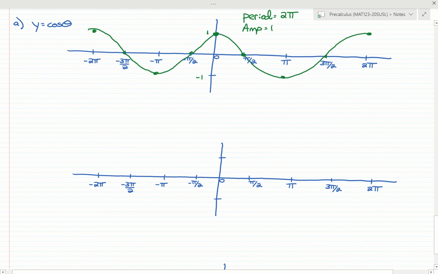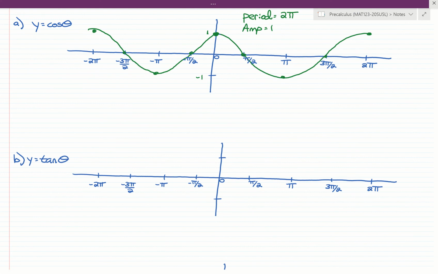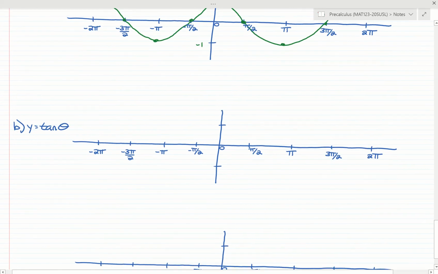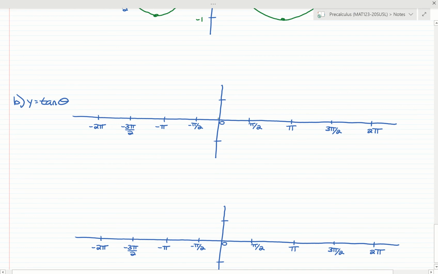Let's go over what tangent looks like. So tangent of 0, if you remember, was 0. It repeated every 180 degrees. And then we also had asymptotes. Tangent of 90, if you remember, tangent of 90 is 1 over 0, so that's undefined.